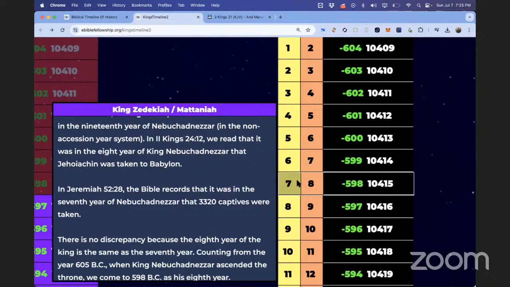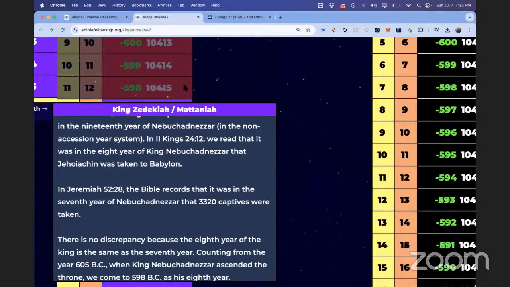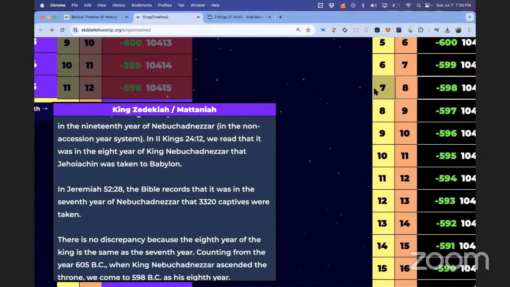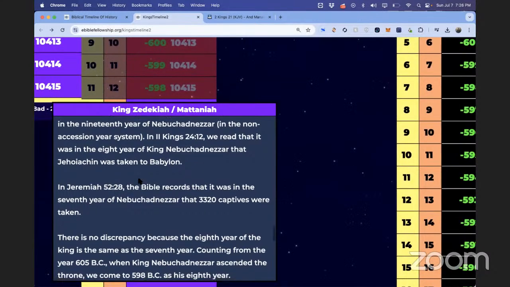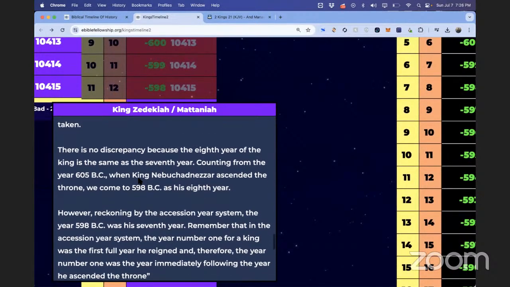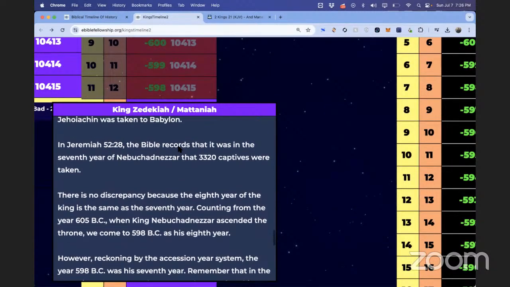I'm not sure if it's a 7th accession or non-accession. I think actually it's 598, so the 7th accession year. No, I'm sorry, it's both 7 and 8.